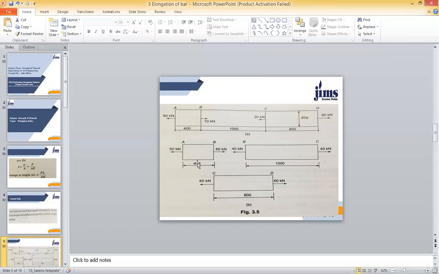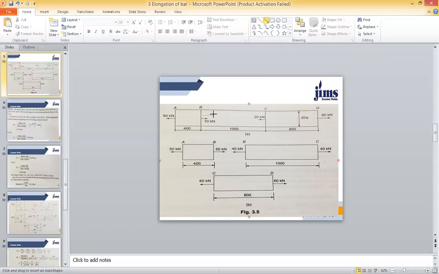So I change the forces. In B section, we have 10 kilonewton force. So I apply 30 kilonewton force in this direction and 30 kilonewton force in the opposite direction.